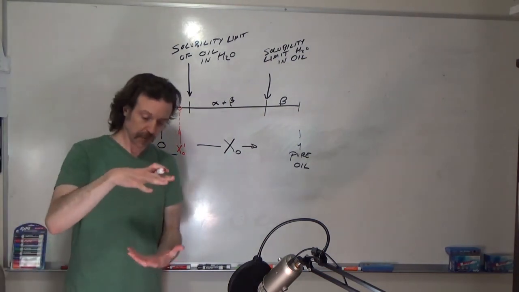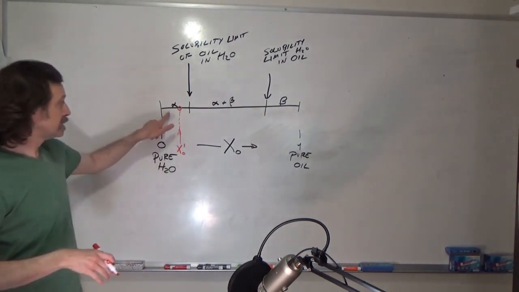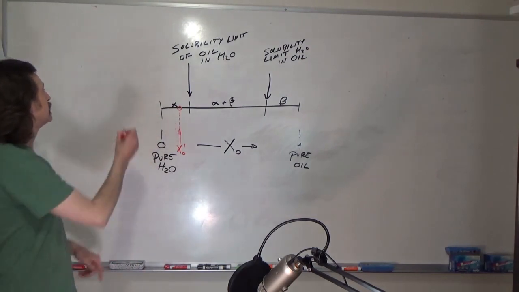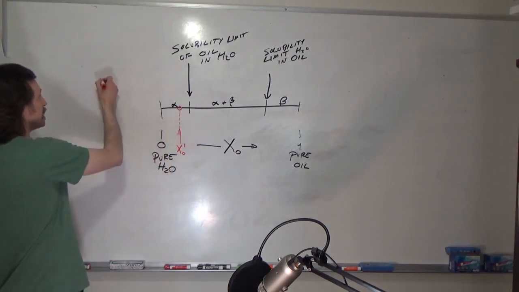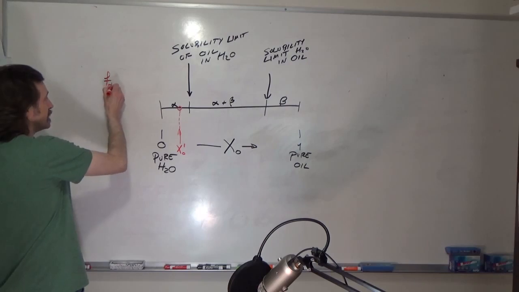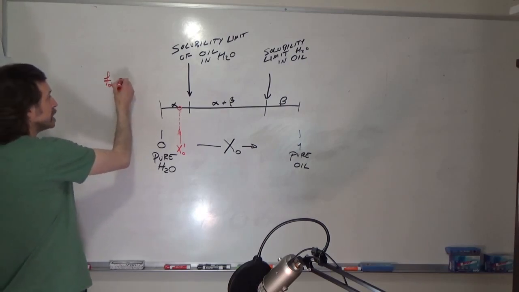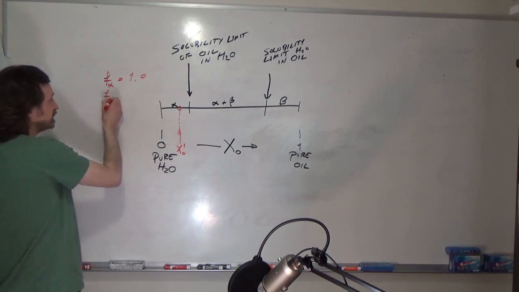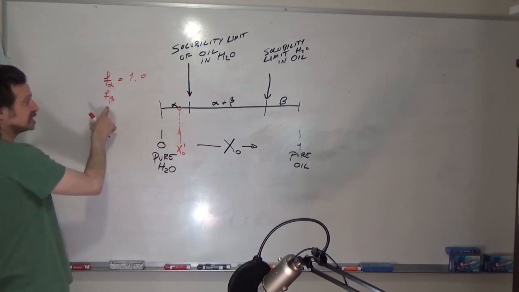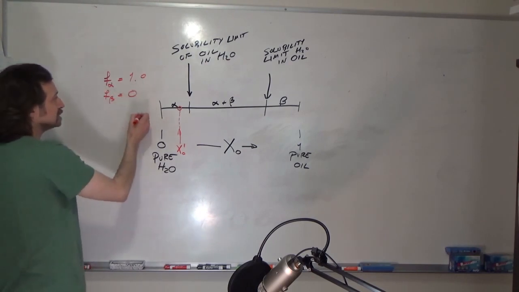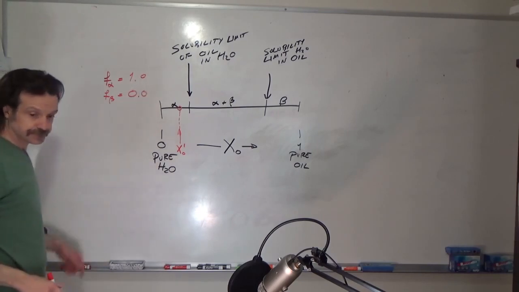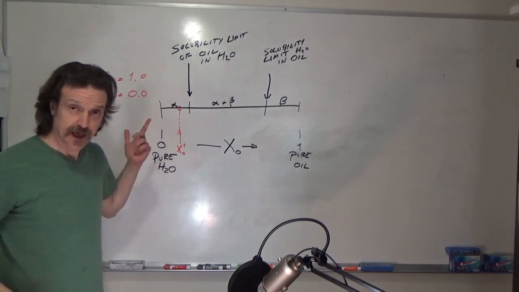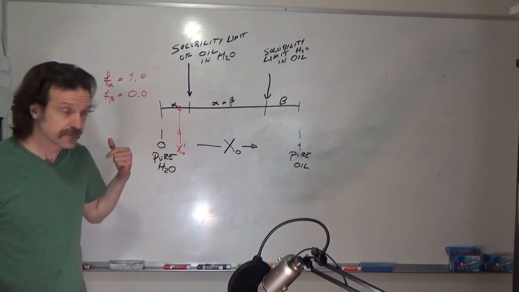So if we were to look at the system, we would see it's all alpha. So let's say F sub alpha is equal to 1, and the phase fraction of beta, F sub beta, is equal to 0. So this tells us how much of each phase is present.